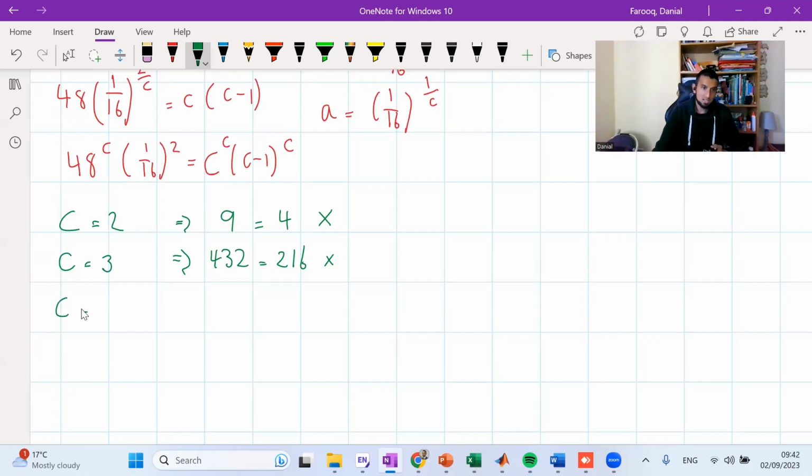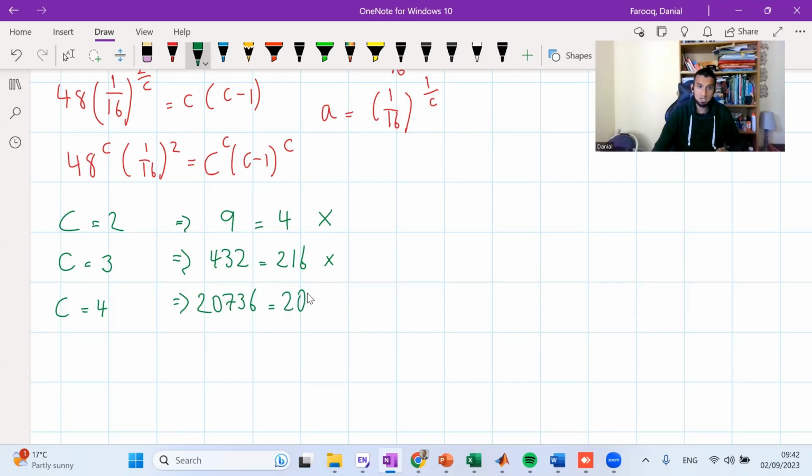And then we can try c equals 4. That would be 48 to the power of 4, 1/16 to the power of 2, which gives us 20,736. And then the other side will be 4 to the power of 4 times 3 to the power of 4, which is also 20,736.